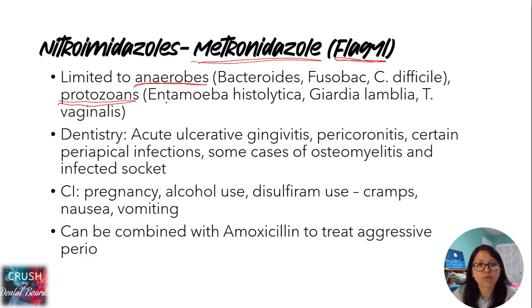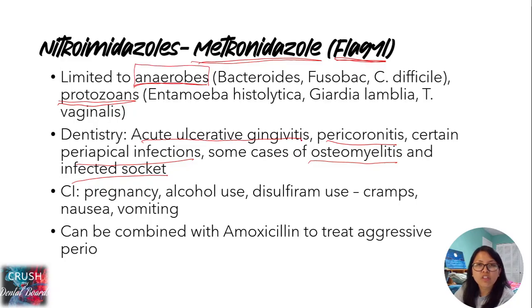Examples of your protozoans would be your Entamoeba histolytica, your Giardia lamblia, your T. vaginalis. Now, in dentistry, metronidazole can be used to treat acute ulcerative gingivitis, pericoronitis, certain periapical infections, and some cases of osteomyelitis and infected socket. What's common in all these things?